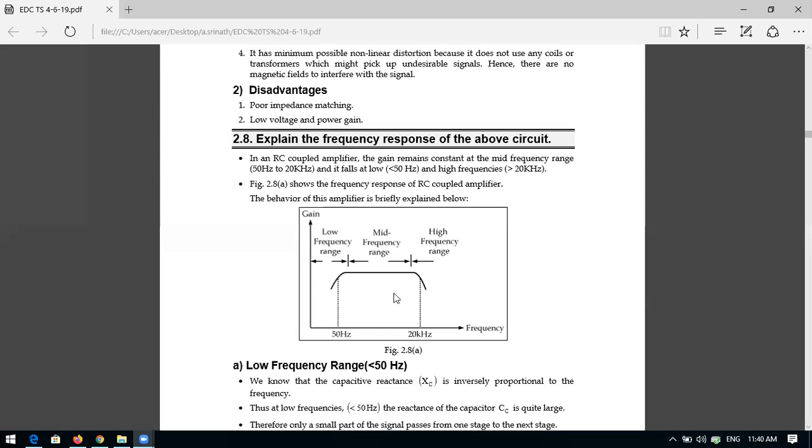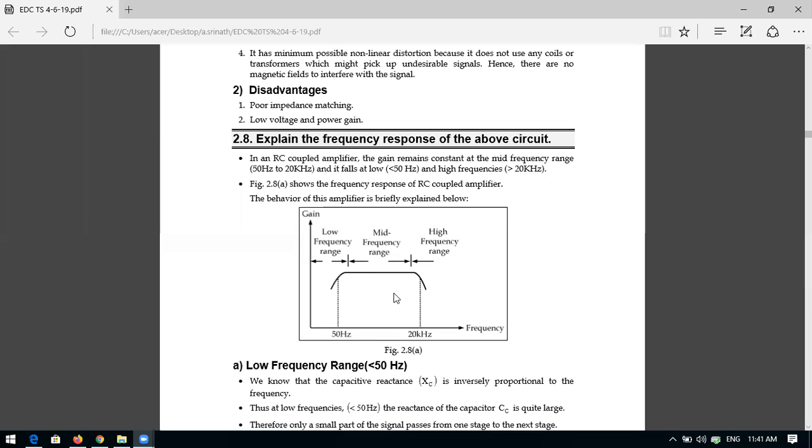Because the gain is stable, or the circuit is stable. If it is not stable, the output is also not stable; it will fluctuate. So the stability of the gain is constant and the RC coupled amplifier is applied in this region, 50 Hz to 20 kHz only.